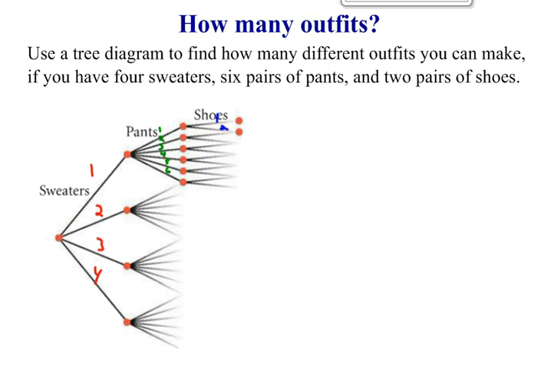If we draw the complete tree diagram, we would have the total number of outcomes. How this would work: if we go all the way to the end of our pathways, so let's say we went sweater, pants, shoes, that would be one pathway, right?